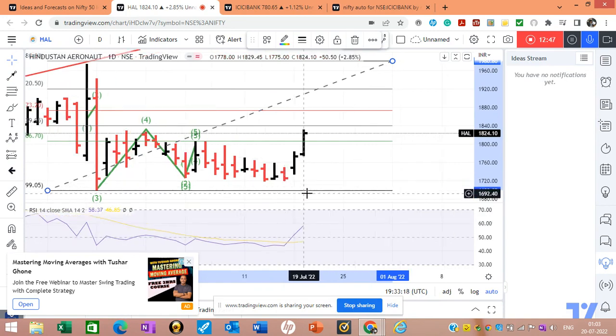I'm not going into all that. So I want this 1700 to be breached. Once I see a decline coming, then we can think of a trade below 1700. This is not going to go up.